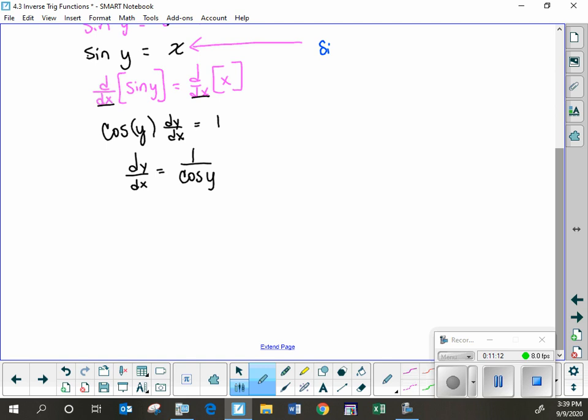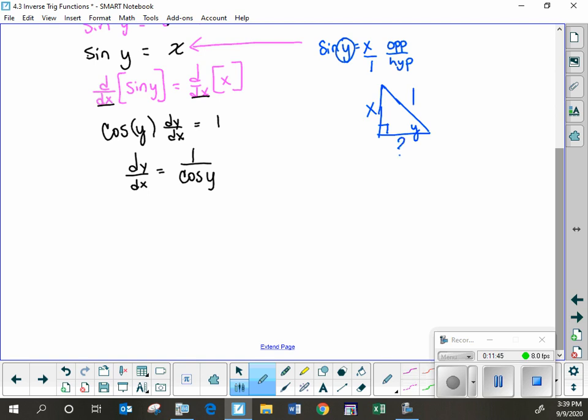I know that the sine of y is equal to x over 1, and sine is defined as opposite over hypotenuse. So if I drew a right triangle, because trig is all about right triangles, and I identified the angle y, then opposite is x, hypotenuse is 1.